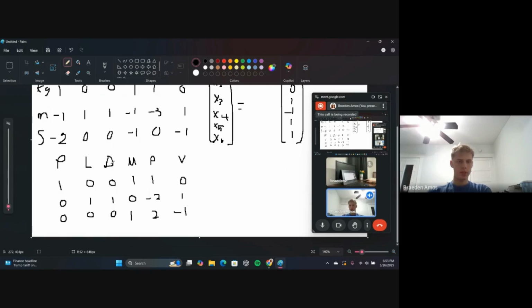So what we're going to have to do next is swap D and V, because that will help us to get an identity matrix here. With how it's set up now, we can't get one with D being here, so we're just going to swap them.